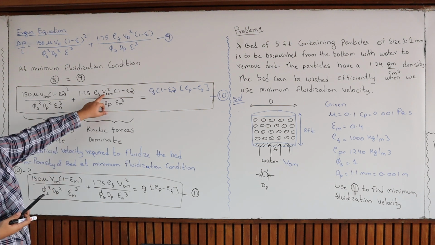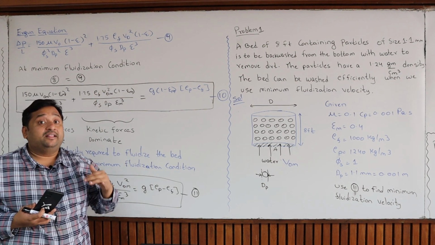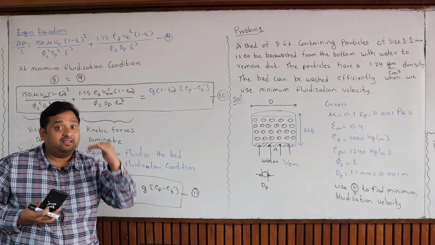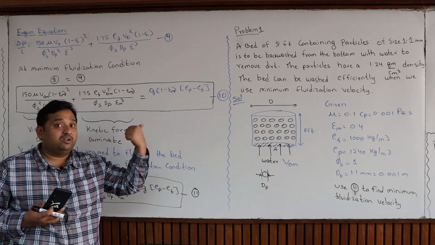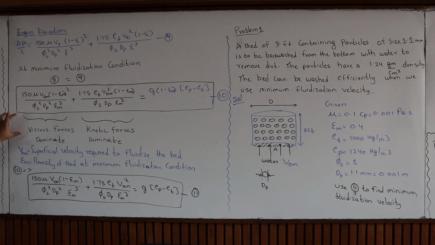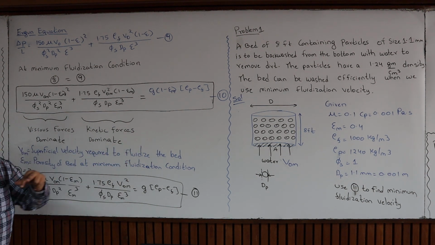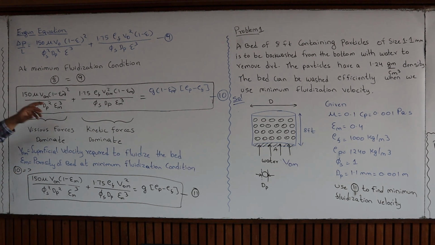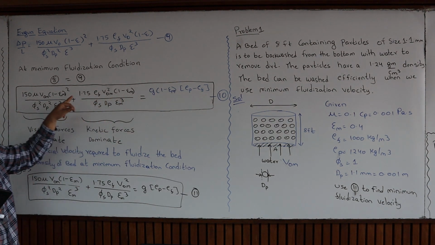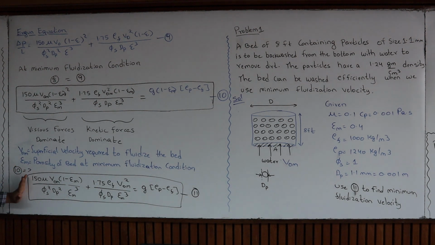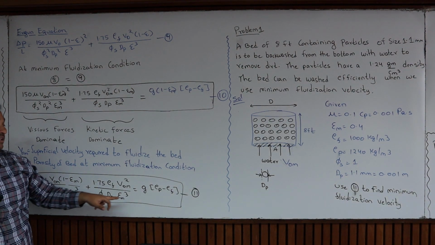V0m is the velocity of the fluid at the minimum fluidization condition. So V0m is the superficial velocity required to fluidize the bed. Epsilon is the porosity of the bed at minimum fluidization, and if you cancel the 1 minus epsilon term on the top, you get this final equation in terms of V0m.